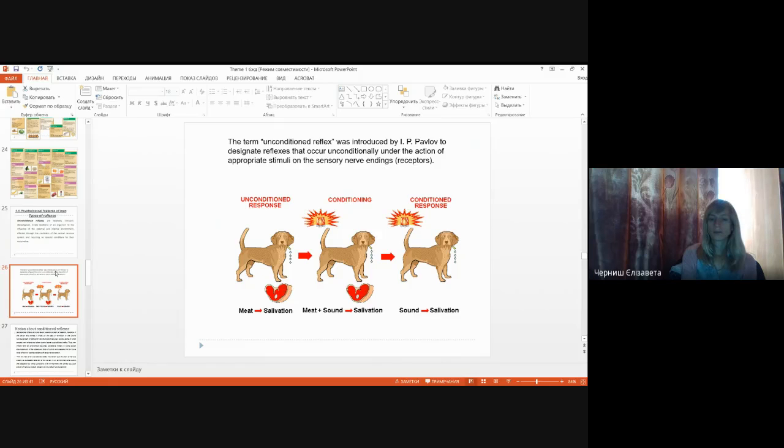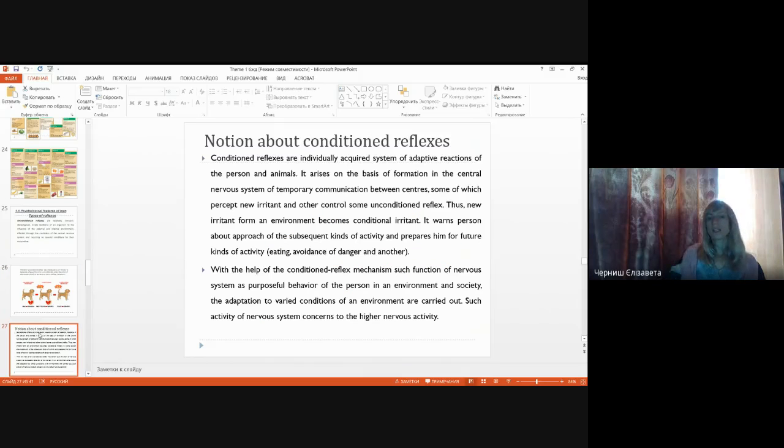So it's an interesting process, how a combination of different factors can influence our conditional response from unconditional to conditional response. Especially the notion of conditional reflexes and some specific features of conditional reflexes.